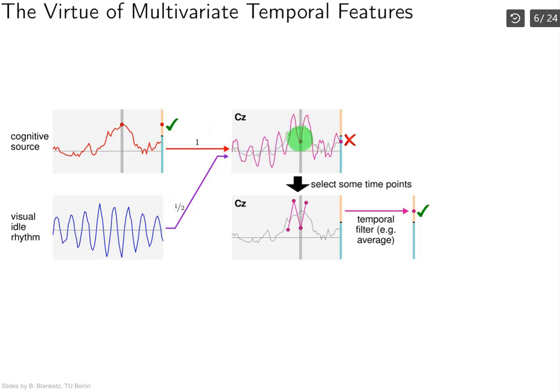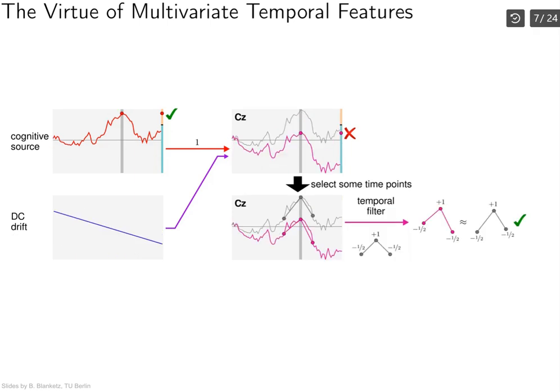So this is not a temporal feature, right? So temporal feature or filtering in the simple case involves averaging, okay? Taking several univariate features and then performing averaging, and then recovering the original amplitude feature of the cognitive source, which will cancel out the background noise.